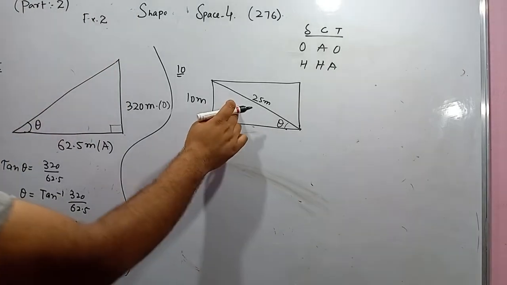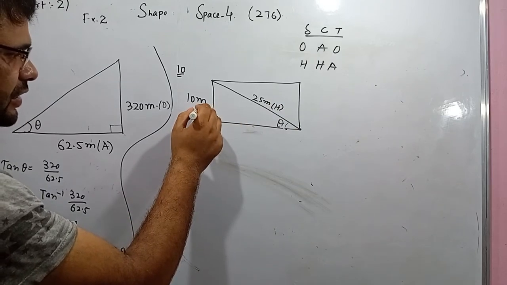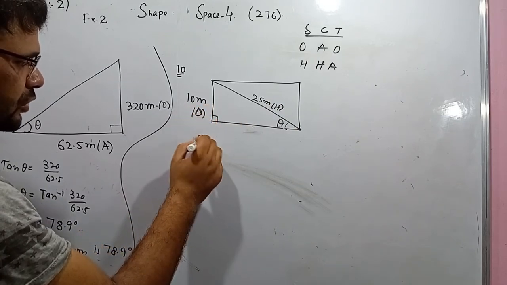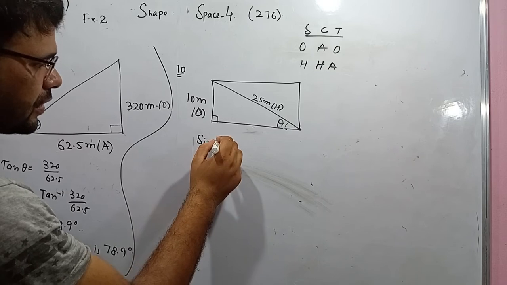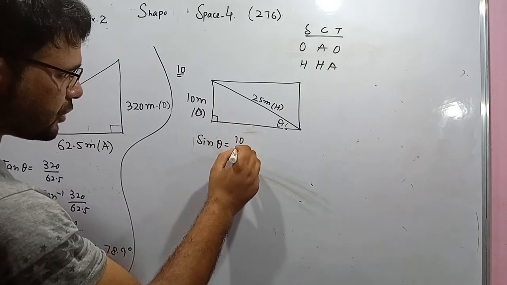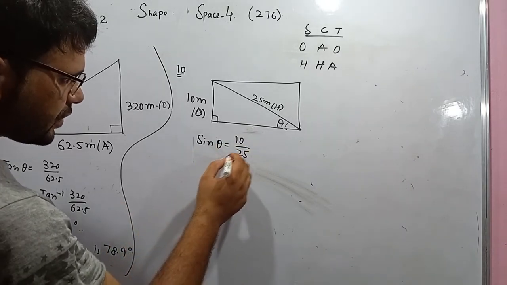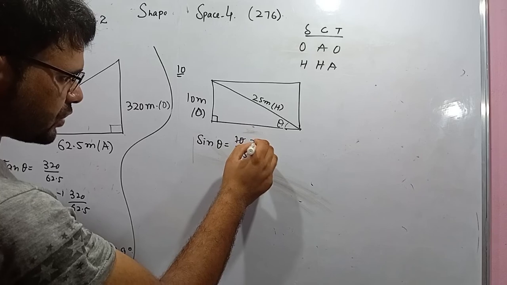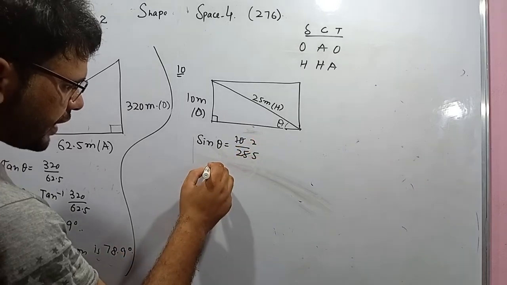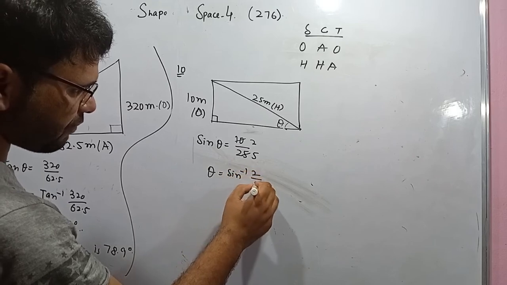Now see here from this triangle, this is the hypotenuse and this is adjacent, opposite. Now you can use sine theta is equal to opposite over hypotenuse, that's 10 divided by 25. So you can write it as 2 by 5. So theta is equal to sine inverse of 2 divided by 5.